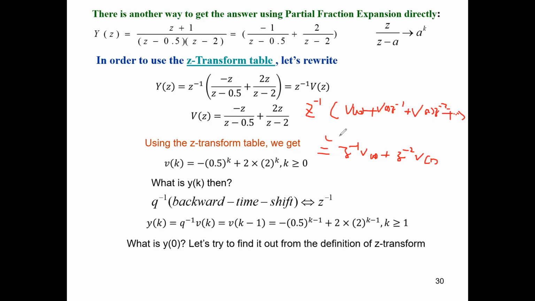That term must be 0. So what is the initial point? That must be 0. Is that clear? There is no constant term, so easily you can say it must be 0. And also, from the previous solution, we also computed that it is 0. Okay? Any questions? This is by the definition of the Z transform.